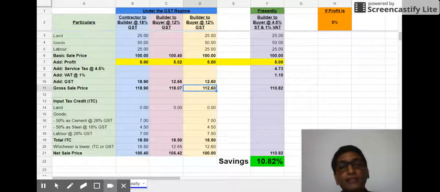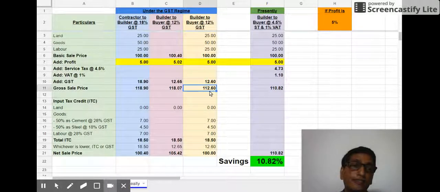Now the point here is, should the end consumer, the end buyer, pay the builder this price of 112.60?